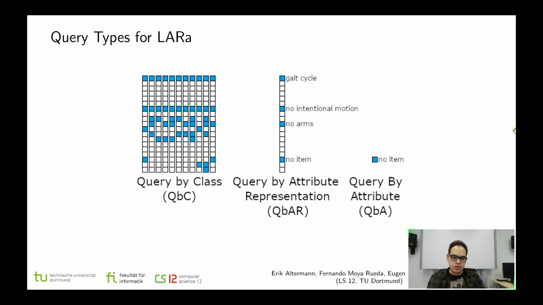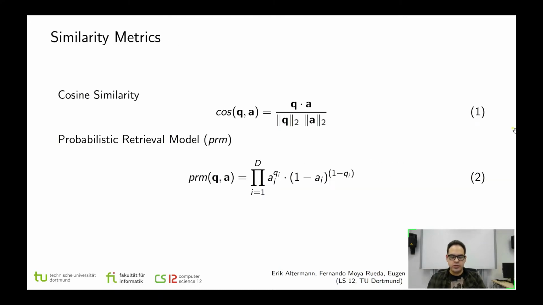You can sort it by different means, depending on what you want at the moment. Either you sort them by activity classes, or semantic information, or combinations of semantic information. And you compare the similarities using different similarity metrics.